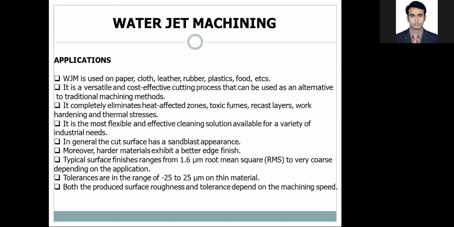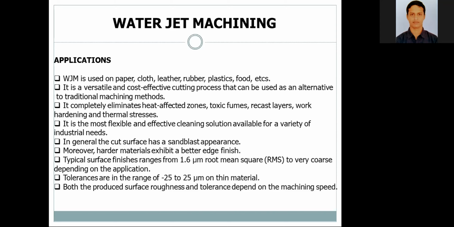Sir, water jet machining, in which fields is it being used at present, for example in Bangladesh? In the food industry, they actually use water jet machines for cutting foods like bread and cakes. It's very safe, water is very safe.